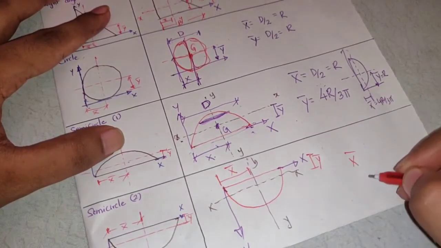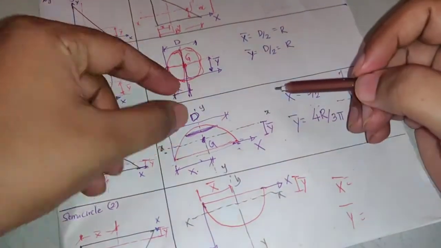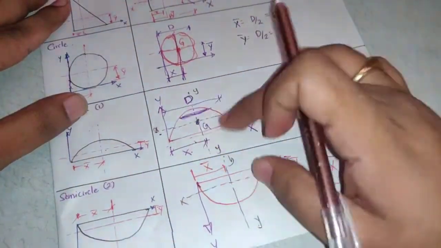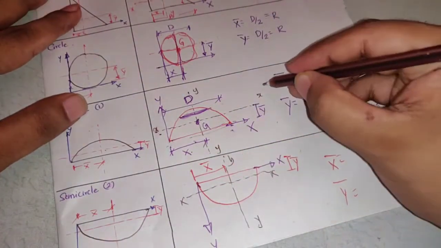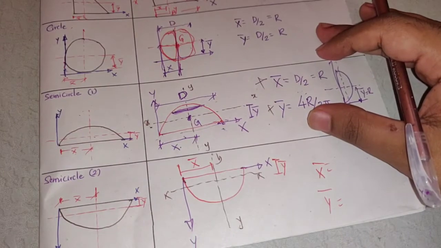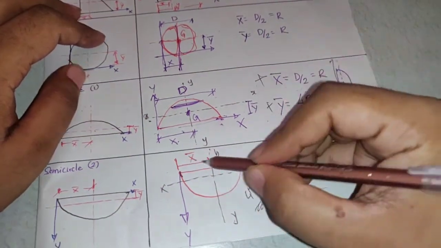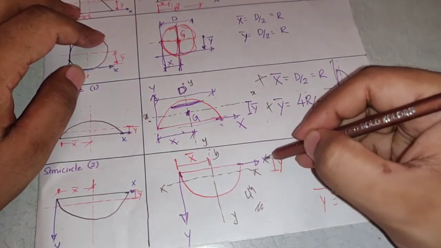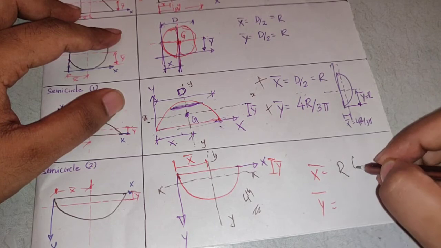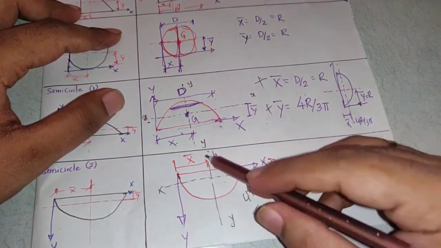Now what will be the values of x bar and y bar? Need not explain much here, because it is just the reverse of this. Here x bar and y bar were falling in the first quadrant, so both values were positive. But here this object is falling in the fourth quadrant, so the x bar value will be positive, because x is positive. It is directly r, or d by 2, since it is symmetric about the y axis.